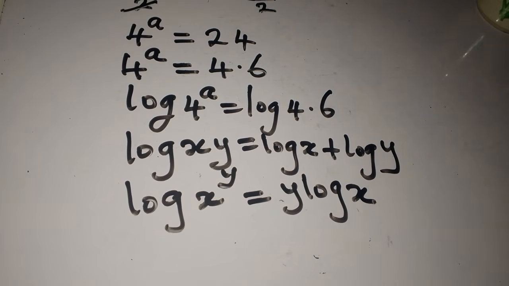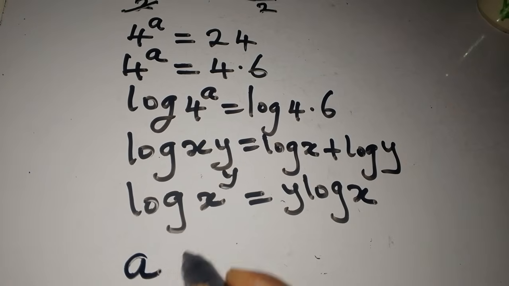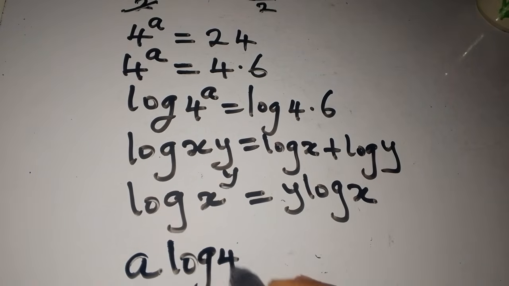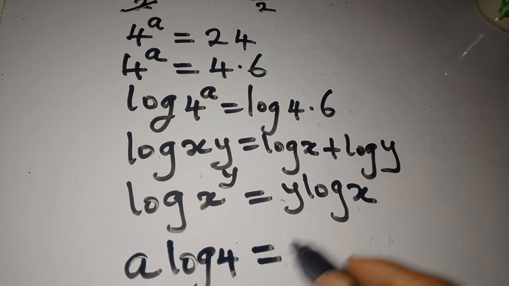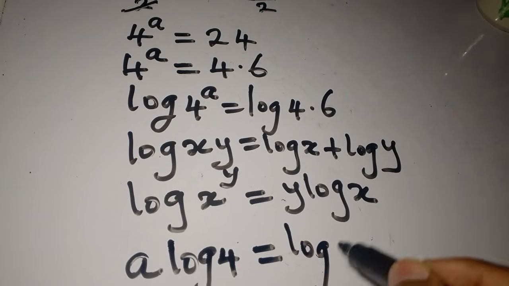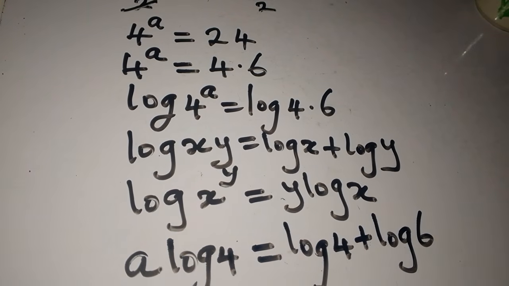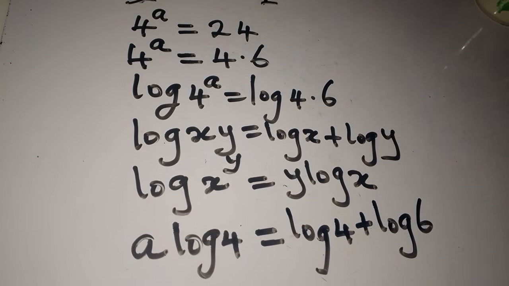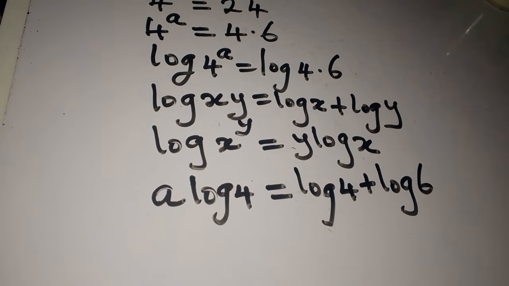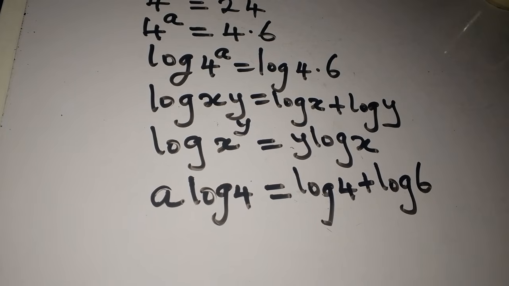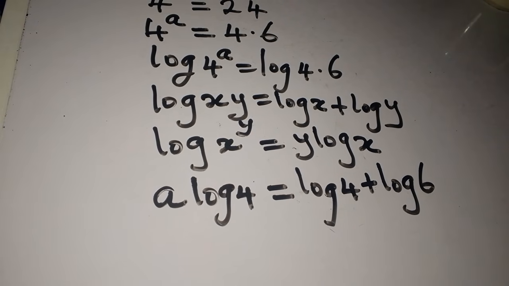So what do we have? We'll have a log 4 to be equal to log 4 plus log 6. This is interesting, right? So the next point is that we divide both sides of the equation by log 4.